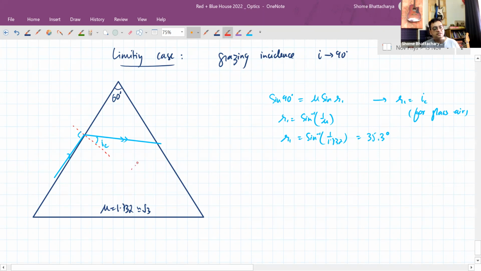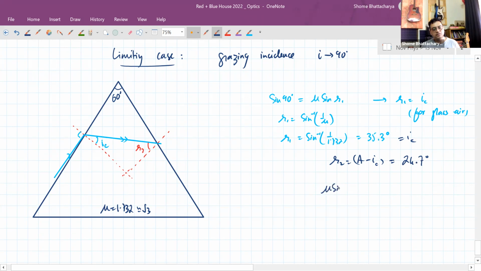So now my second refraction's incident ray, this angle of incidence, this R2 will become approximately like this.